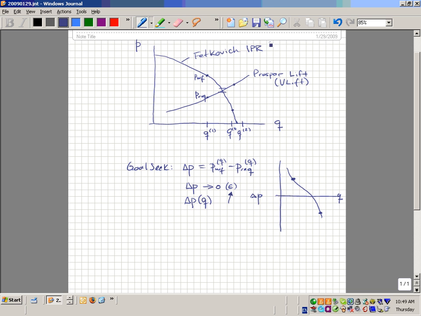But if my calculation for a given rate takes 10 seconds, and the Prosper calculation per rate takes 10 minutes, okay, then you're going to want to not let this be 10 to the minus 10, right?